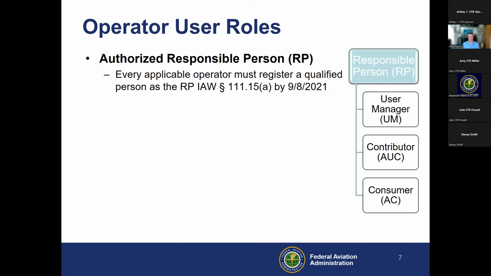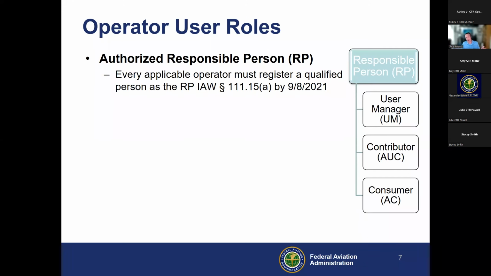So the RP role is the only role that's required by Part 111. Basically, to paraphrase what's on the screen here, Part 111 says that every applicable operator will have registered a responsible person in the PRD system by September 8th, 2021, or within 30 days of initiating service.